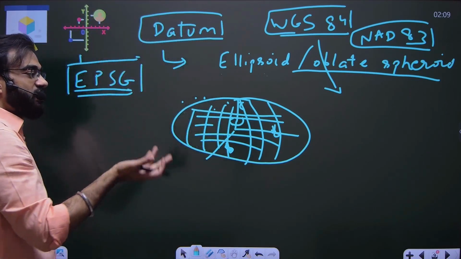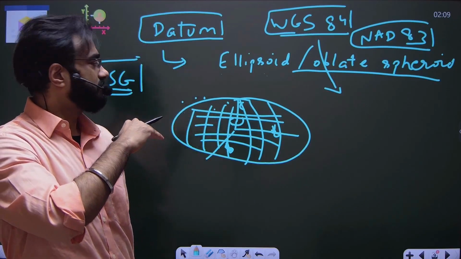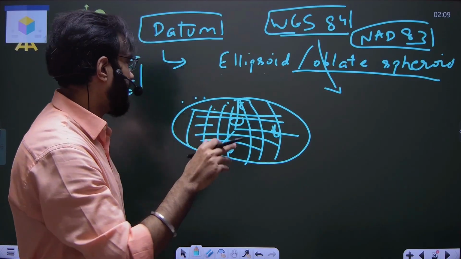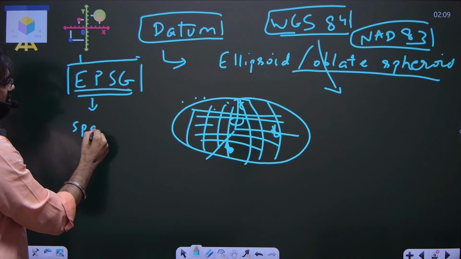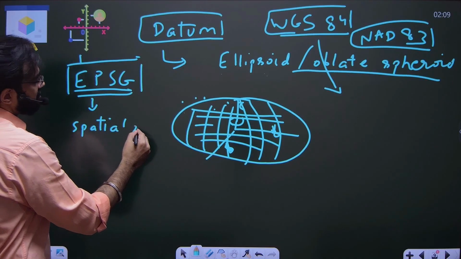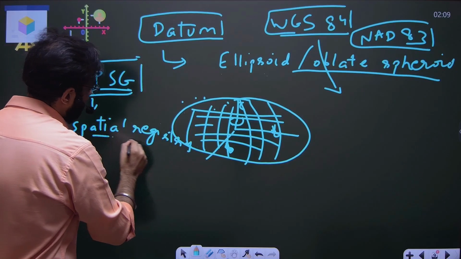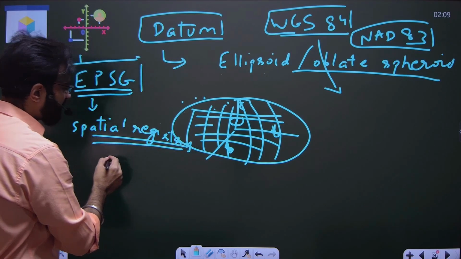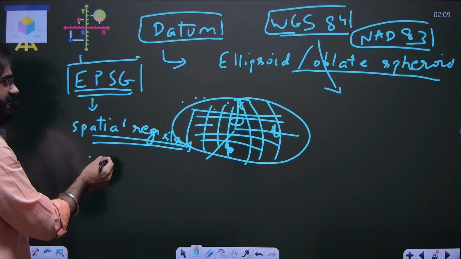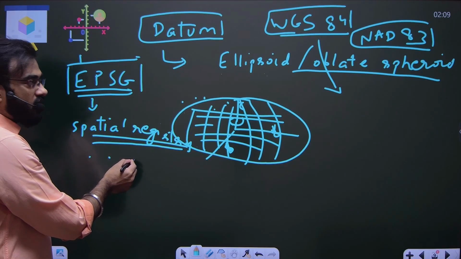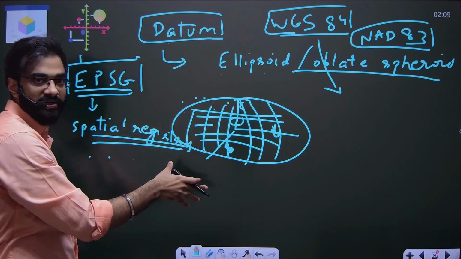Actually, this was a survey group which were involved in explorations a long time back, but now it refers to a spatial registry of codes and IDs which give the spatial references, which define the extent, which define the coordinates of the projections in which this datum is projected.